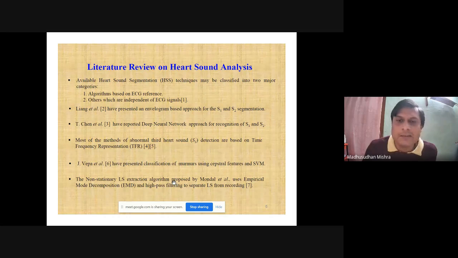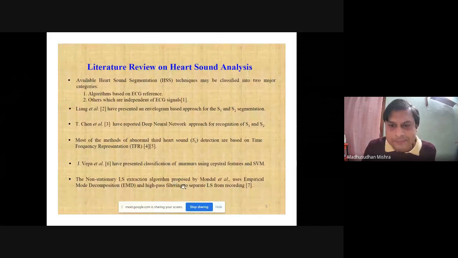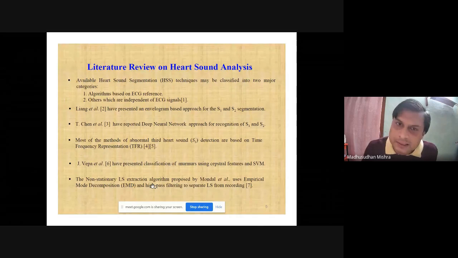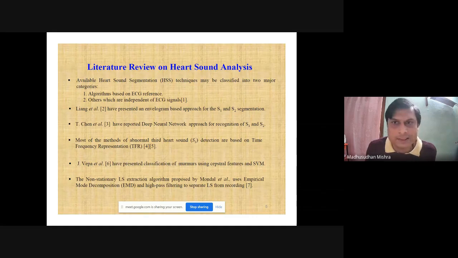That's why one of the important works in the state of the art is separation of heart and lung sounds from the breathing sounds, so that we have two separate sounds, namely heart sounds and lung sounds, and then independent analysis of these separated signals can be done, and it can help in automated screening systems for heart disease or lung disease.